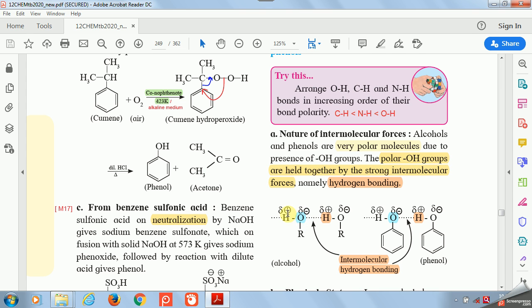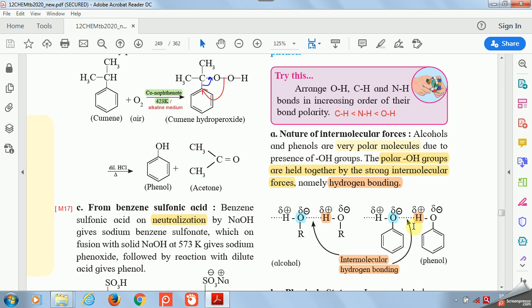The reason behind that is the HO bond is polar because oxygen is more electronegative than hydrogen. So there is delta negative charge over oxygen and delta positive charge over hydrogen. So the more electronegative part of one molecule gets attracted towards the positive pole of another molecule, that is hydrogen.